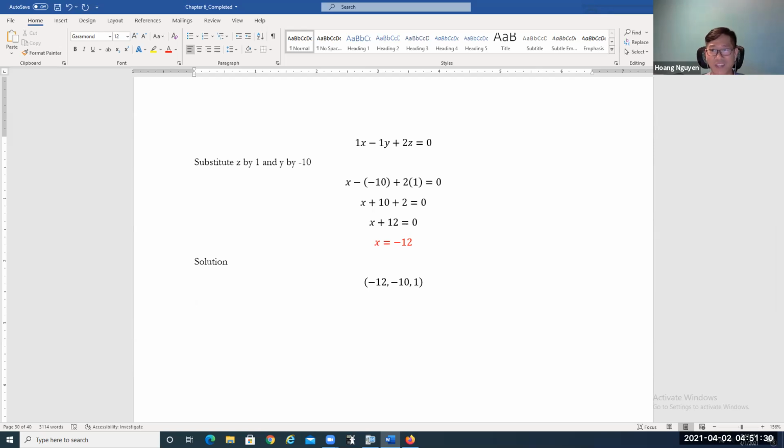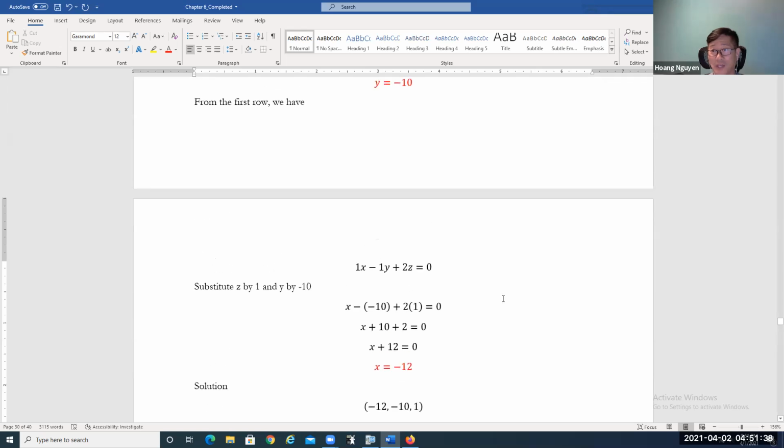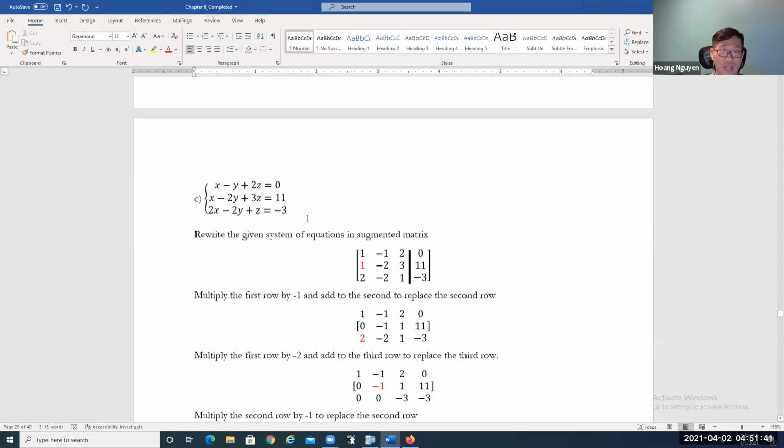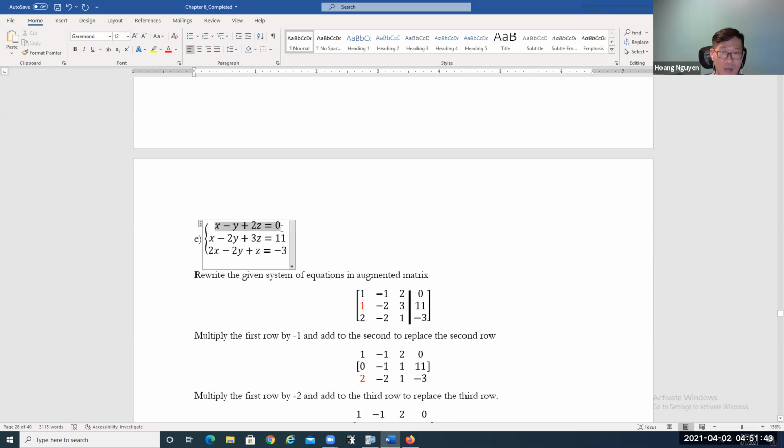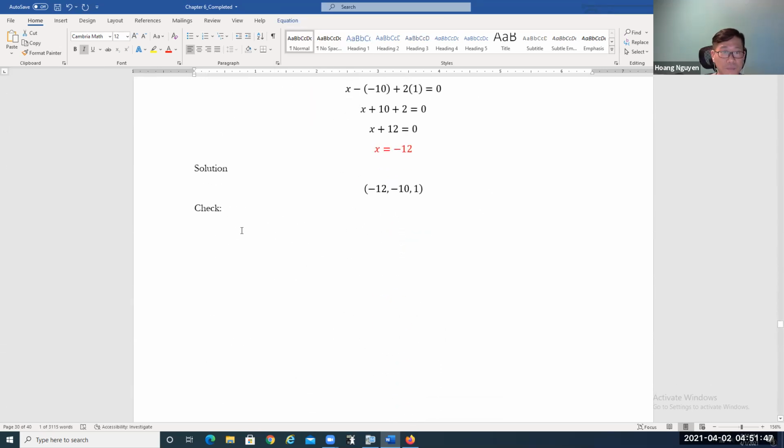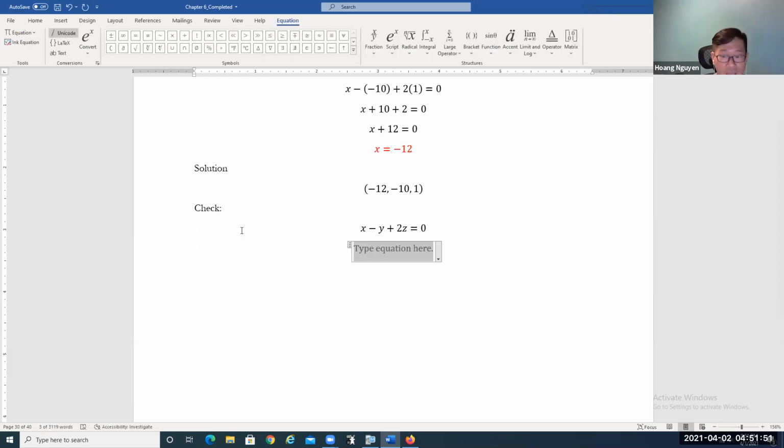That's the solution, but how can we check the answer? You want to make sure that you don't make any typos or mistakes along the way. So before we accept this solution, we're going to plug it into the three original equations and check. I'll copy the first equation and check that first. We substitute x by negative 12, y by negative 10, and z by 1.